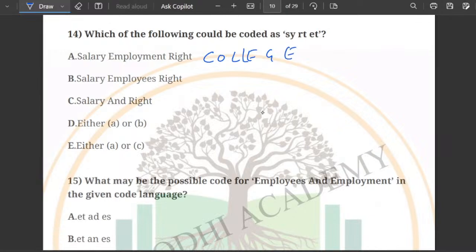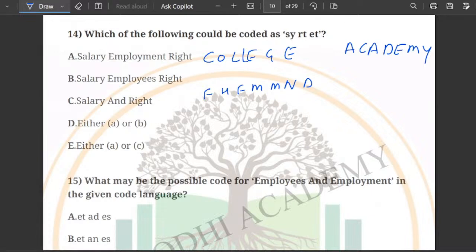College is coded as F, H, F, M, M, and D. Then what will be the code for academy? Now, this type of questions are directly 1 mark questions.